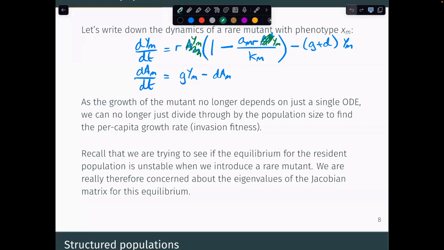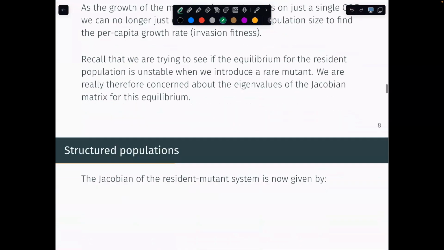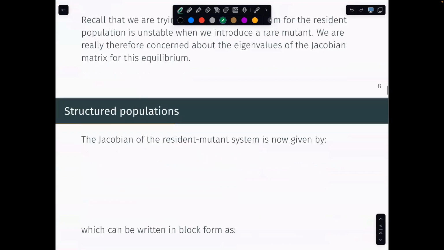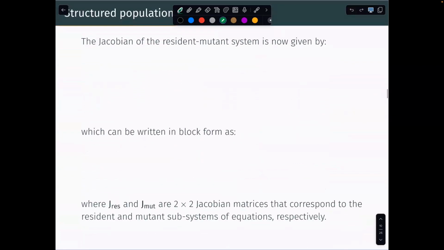However, if I just go back to what we had before, because our adults feature in this equation here, we have to take into account the density of adult mutants. Okay, so now what do we need to do? Well, going back to basics, what we're trying to do here, we've got a resident population at its equilibrium. We're introducing a rare mutant.